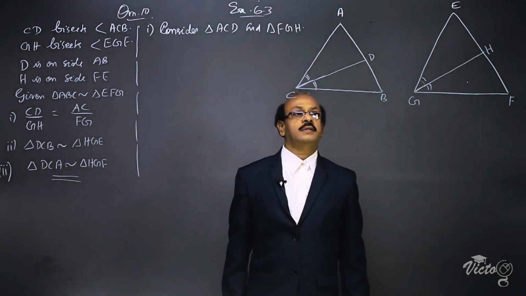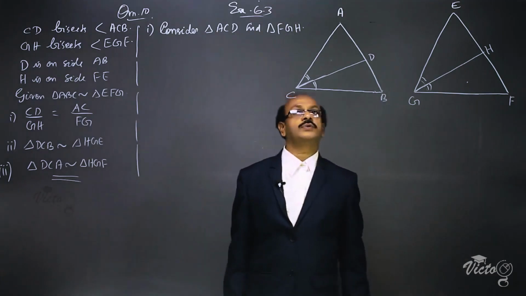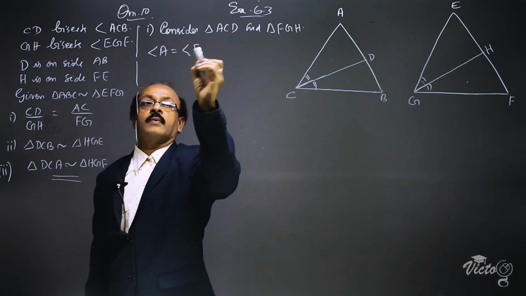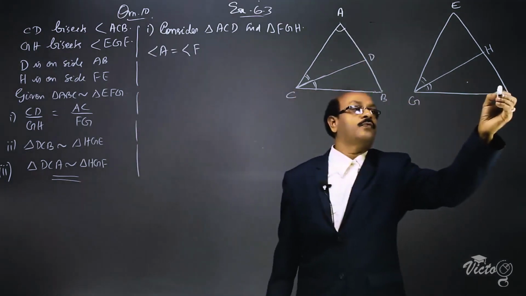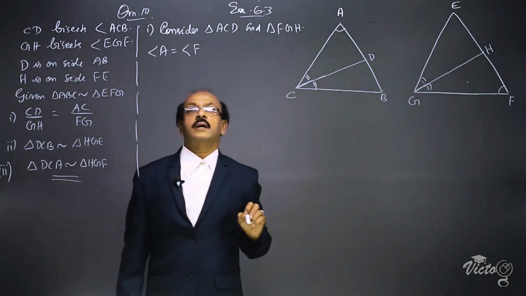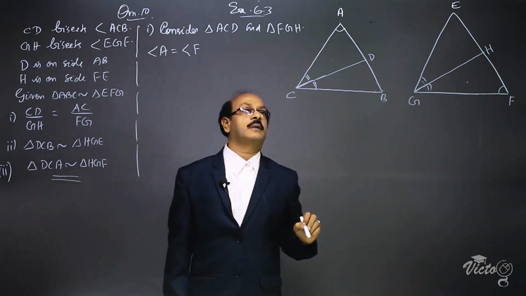In these two triangles, angle A is equal to angle F. Angle A means this angle and F is this angle. The reason is corresponding angles of similar triangles, given ABC and EFG are similar.